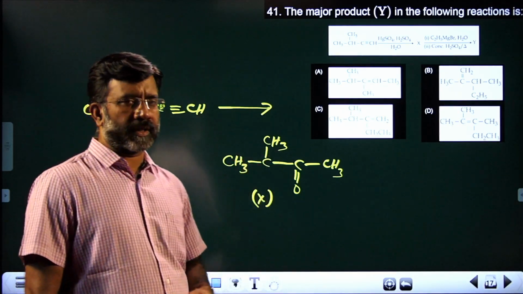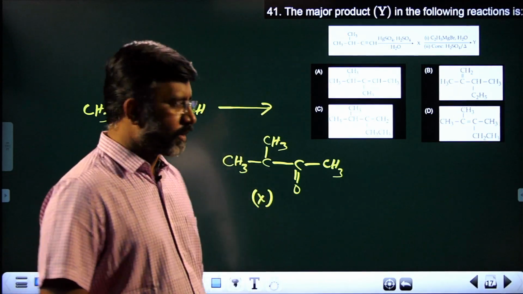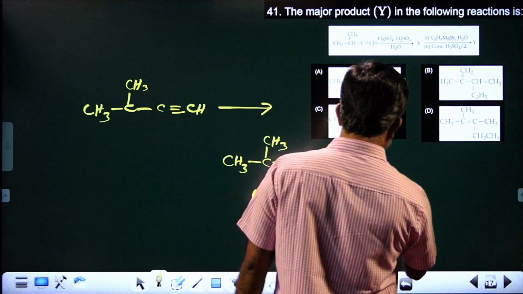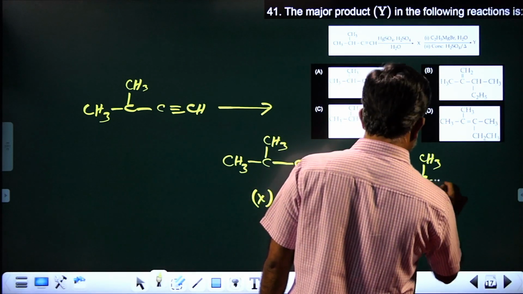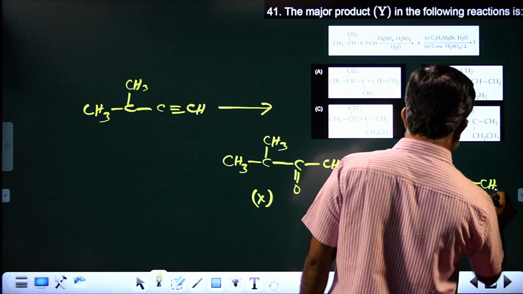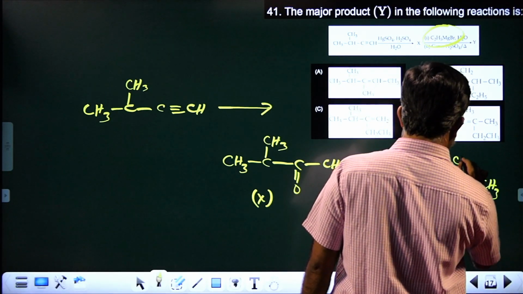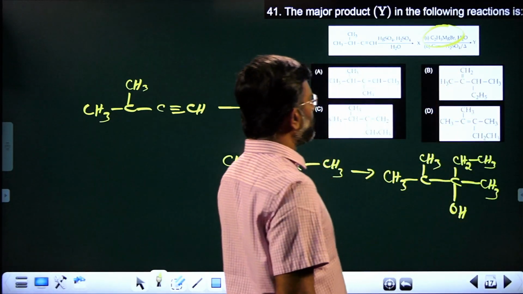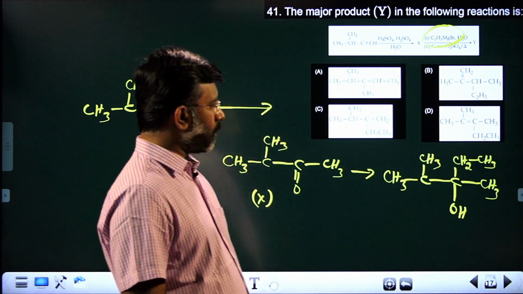A ketone with a Grignard reagent followed by hydrolysis gives a tertiary alcohol. CO becomes COH, and there is CH3, and the Grignard reagent part will appear here as CH2CH3, because that is ethyl magnesium bromide. So the ethyl group will appear and you get a tertiary alcohol.